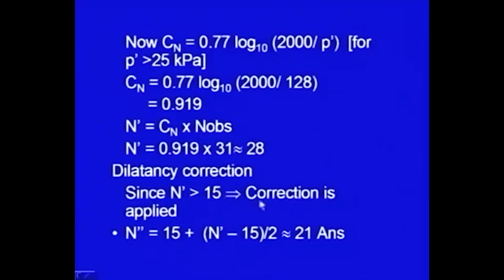So the correction has to be applied. N'' was this equation: N'' equal to 15 plus (N' minus 15) divided by 2. So when I put N' from here, the final value is 21. So for this layer, the final corrected N value will be 21.